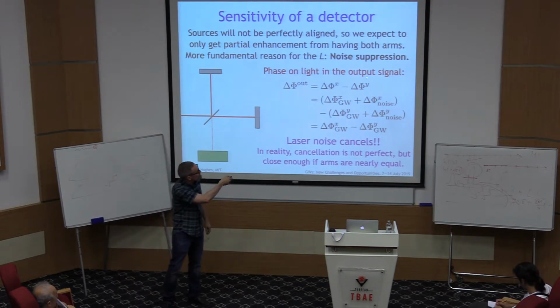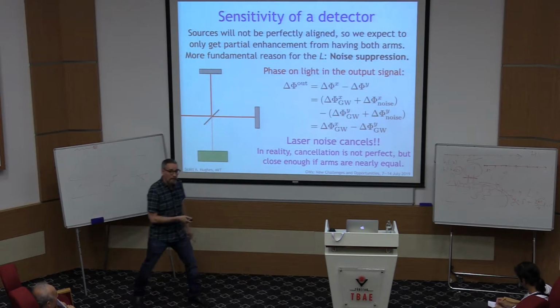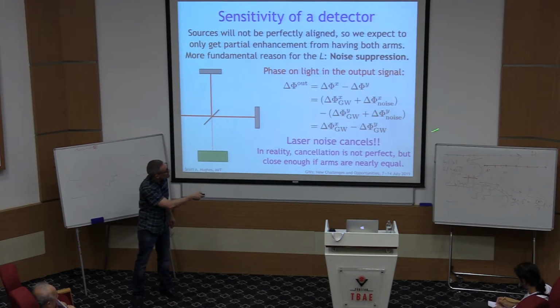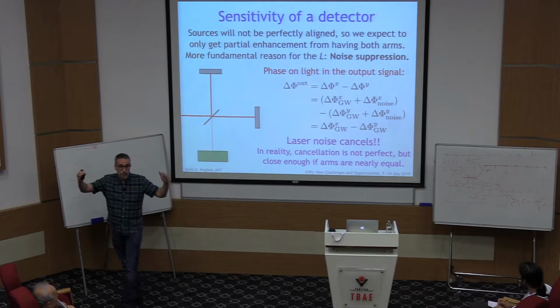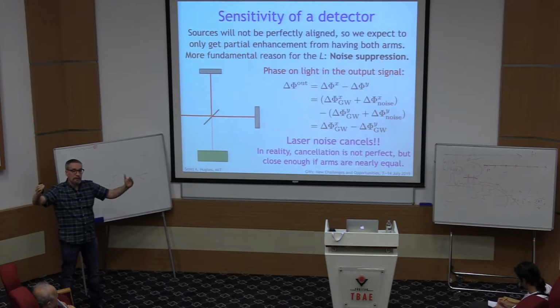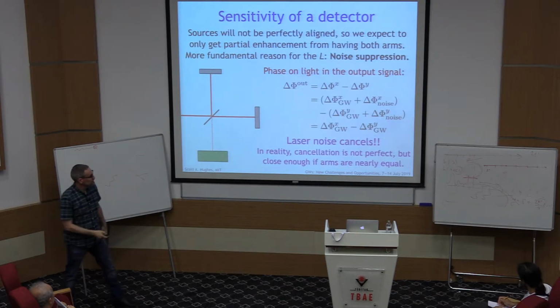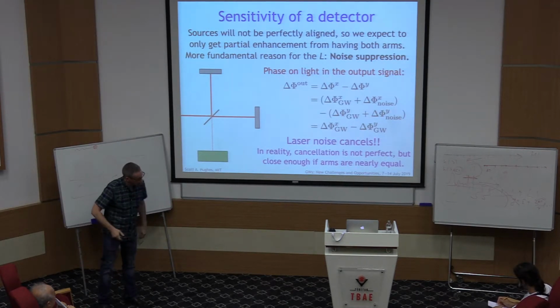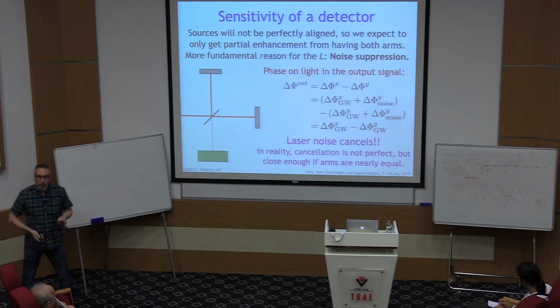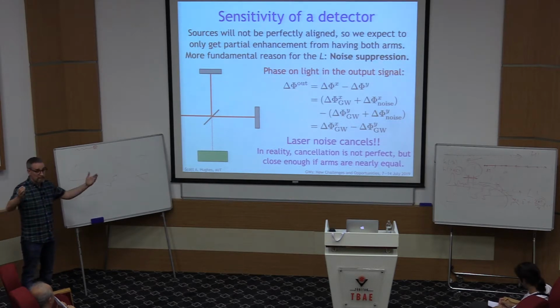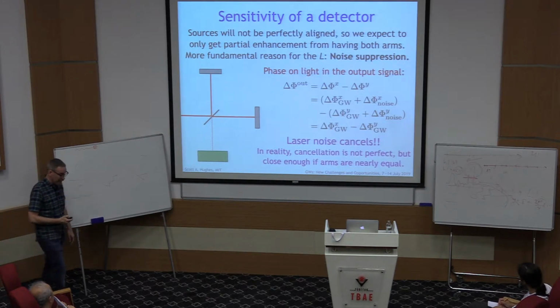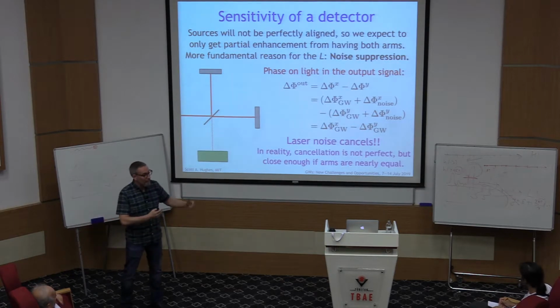Because my X arm noise is exactly the same as my Y arm noise, the variable that I actually read out cancels it. If you do this perfectly, your interferometer is not sensitive to the laser phase noise. It cancels out. There have been a couple of proposals over the years for creative gravitational wave detector designs that are based on essentially one arm.